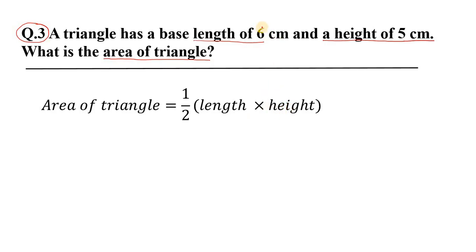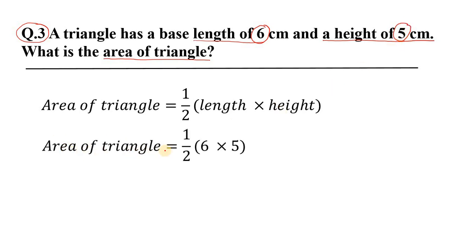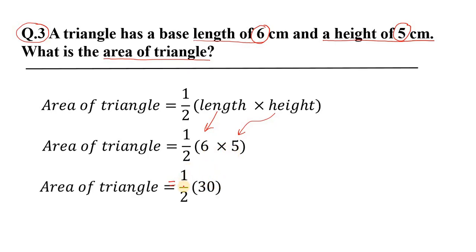The length is 6 centimeter and height is 5 centimeter. 6 multiplied by 5 is equal to 30. So 1/2 multiplied by 30, we get 15 centimeter square. This is our final answer.